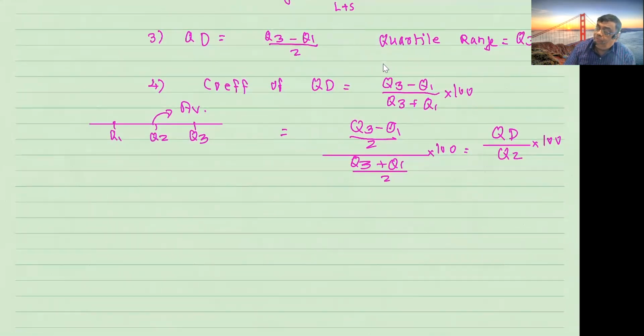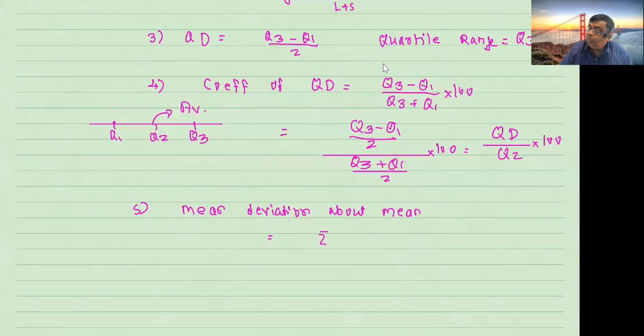फिर I consider the mean deviation about mean. The formula is take total upon n modulus of x minus x bar.